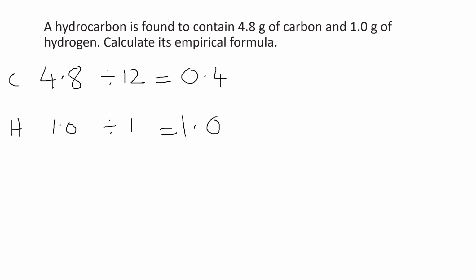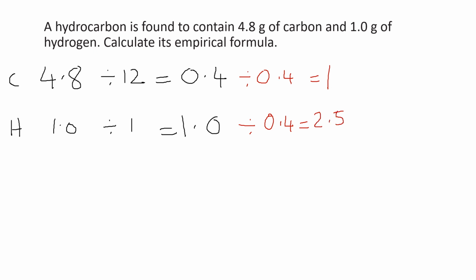So when you do the calculations, for carbon it comes out as 0.4 and for hydrogen it comes out as 1.0. Now what you need to do is divide both of these numbers by the smallest number. So you divide them both by 0.4. So 0.4 divided by 0.4 equals 1. And 1 divided by 0.4 is 2.5.